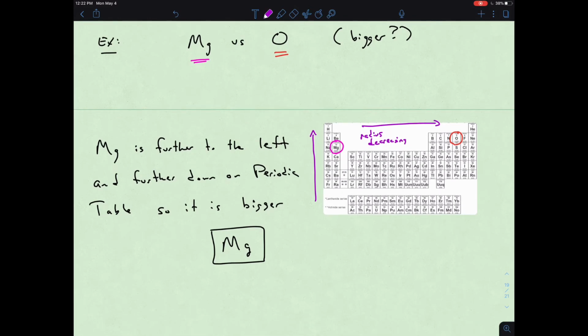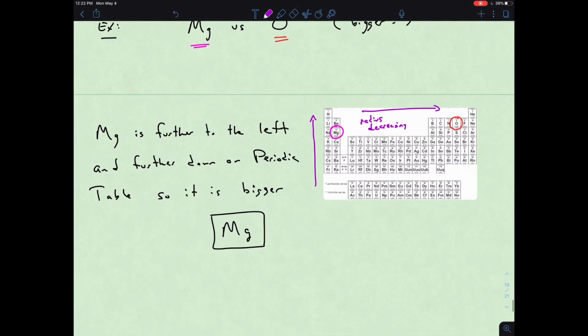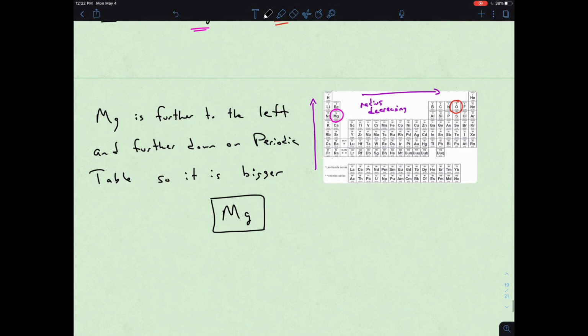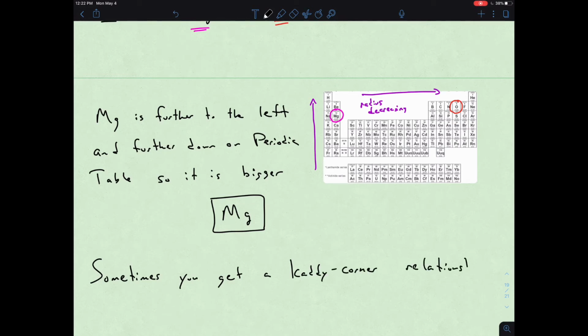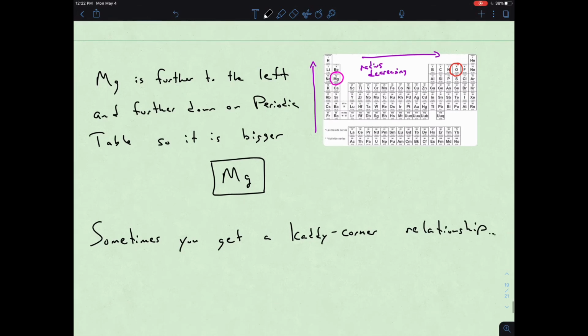What about what I would call the Catty Corner relationship? And it's like a regional thing. On the East Coast it's called soda, Midwest it's called pop.